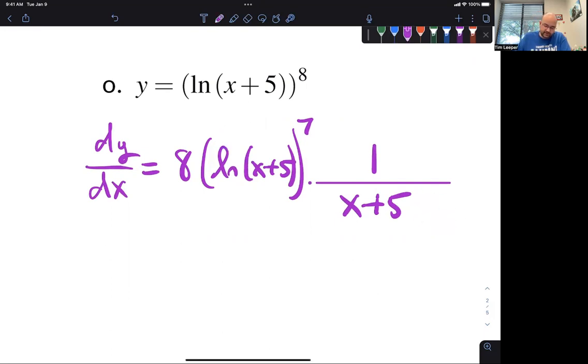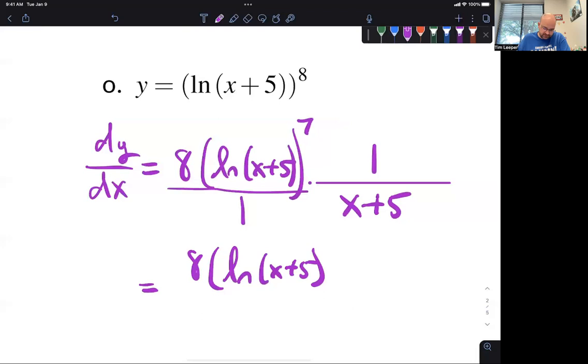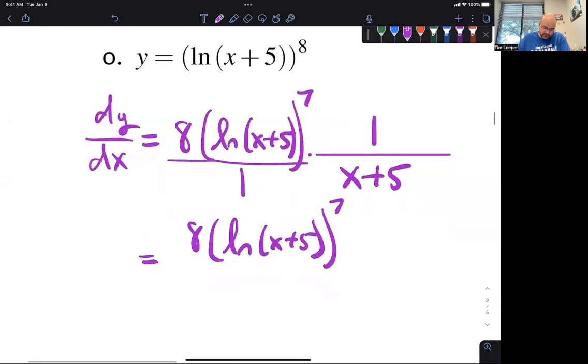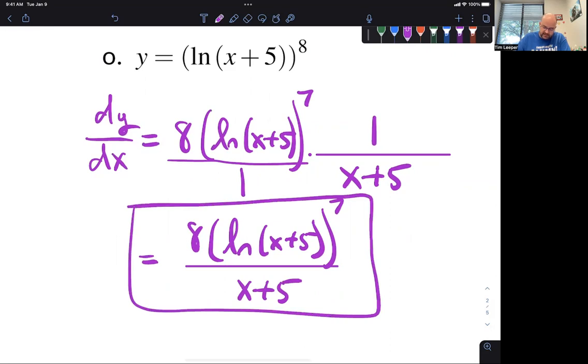Fantastic. Now think of this as over 1 and then multiply straight across. So really all you're left with here is 8 parentheses, natural log of x plus 5, close parentheses, to the 7th power, and then all over x plus 5. And that is the derivative.